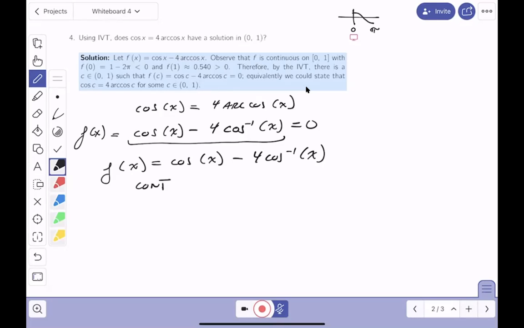And then the range of that is between -1 and 1. Okay, so I'm going to say this is continuous on the closed interval between -1 and 1. All right, let's keep going. And what am I looking for? I'm looking for a 0.